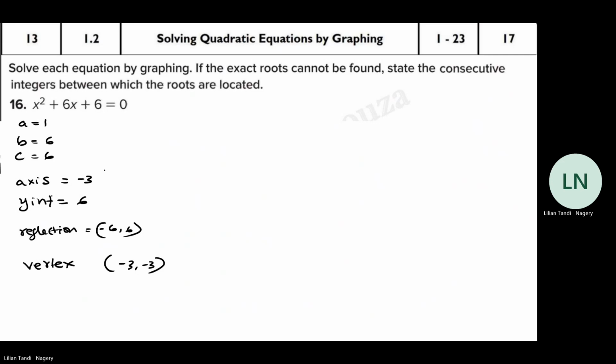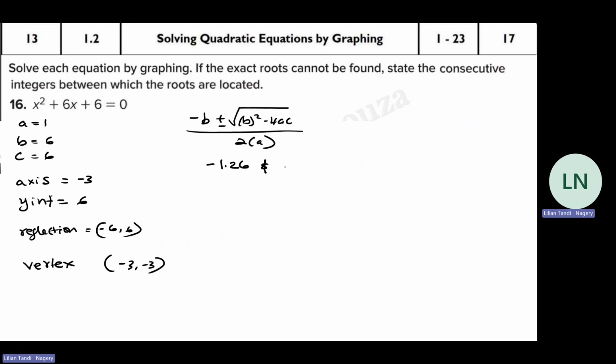Then I did my quadratic formula, negative b plus or minus the square root of b squared minus 4ac over 2a. And my answers were -1.26 and -4.7. So I draw my number line. All my numbers are on the left of 0.